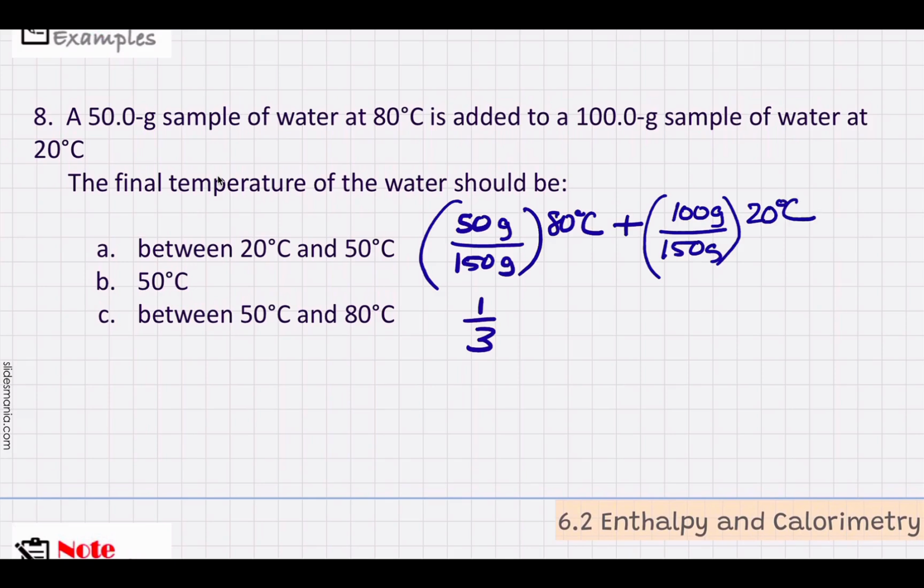So you know your resulting temperature is going to be closer to 20 than 80. The correct answer here would be A. And in fact, when you do this, I think you get like 40. So the temperature is going to be closer to the one that you have the most of, and you have 100 grams compared to 50.